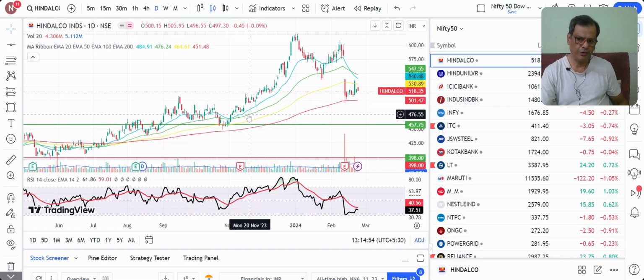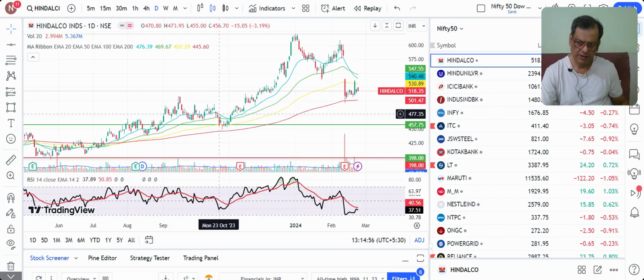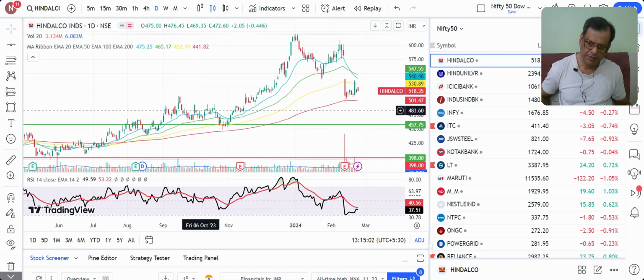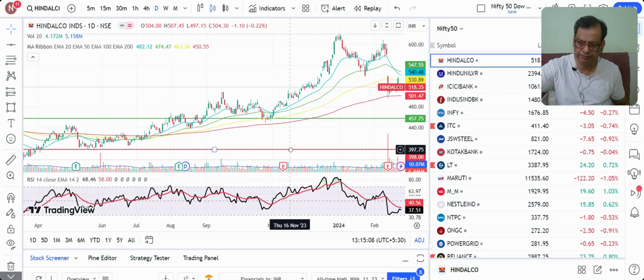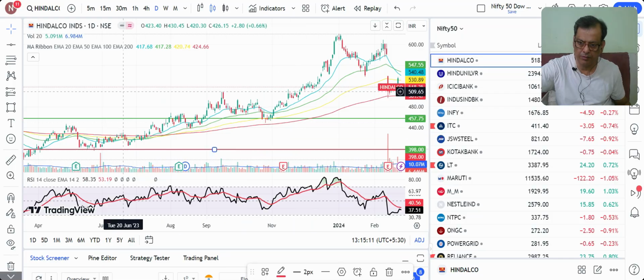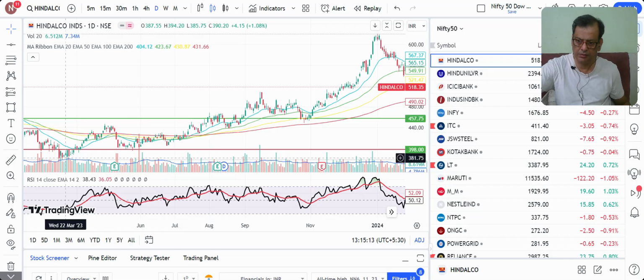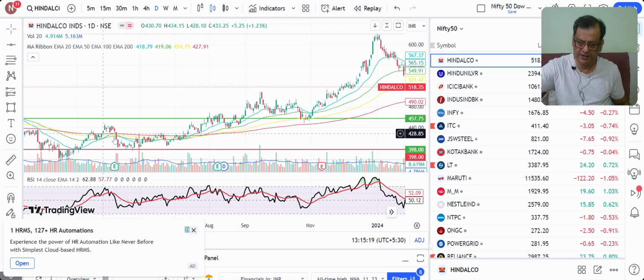And you need to remember one thing: this is support, but if the price goes below it, then it also becomes resistance.